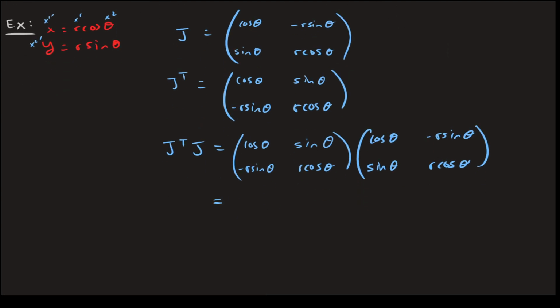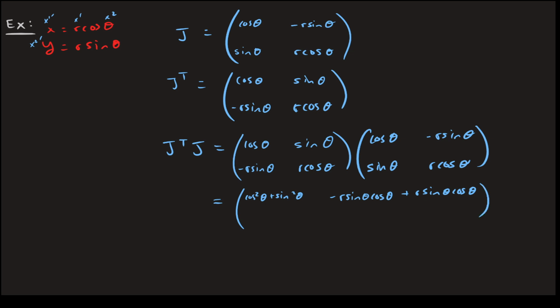That matrix multiplication comes out to cosine squared plus sine squared, then negative r sine theta cosine theta plus r sine theta cosine theta.